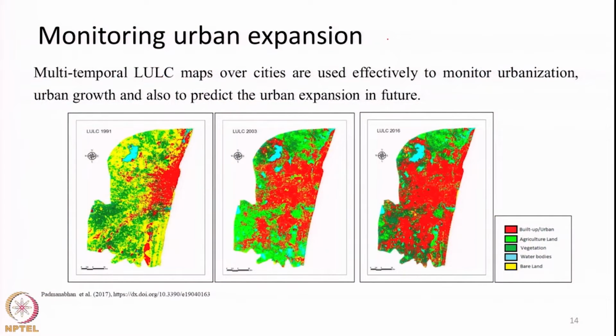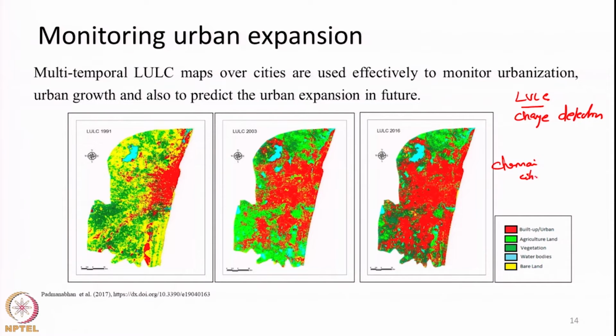Okay. So, as I told earlier, we can create LULC map over different time intervals and then do the change detection. So, this is post classification change detection, or we can do change detection directly, right. So, here we are going to talk about one example where the authors have analyzed the growth of Chennai city using a simple classification scheme.